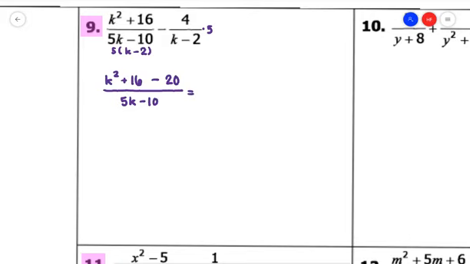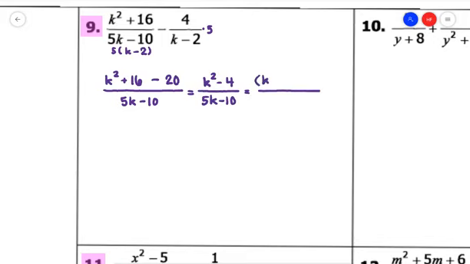The first one didn't need to multiply by anything, so I kept the k squared plus 16 the same. The second fraction needed to multiply by 5 in order to make it with the same denominator, so I subtracted 20 instead of 4. So now I've got k squared minus 4 over 5k minus 10, and now we'll simplify.